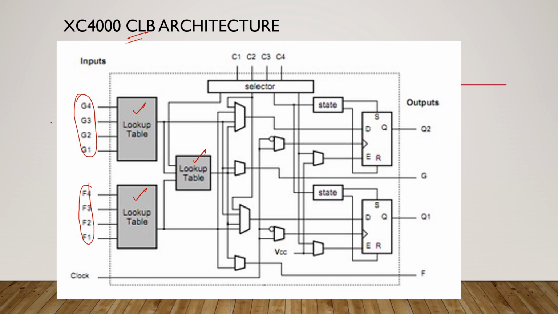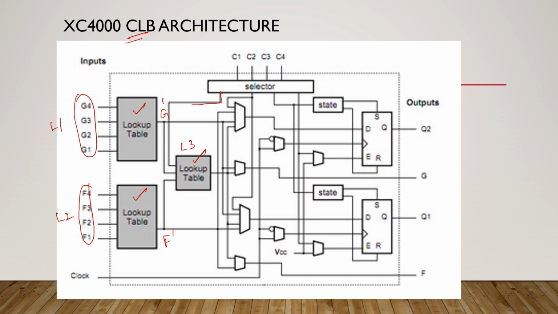Lookup table 3 uses three inputs: G dash, the output of the first lookup table, F dash, the output of the second lookup table, and a third input that we take from outside.